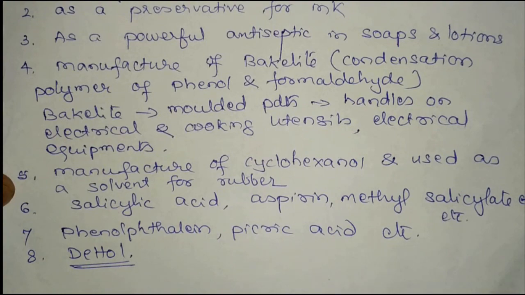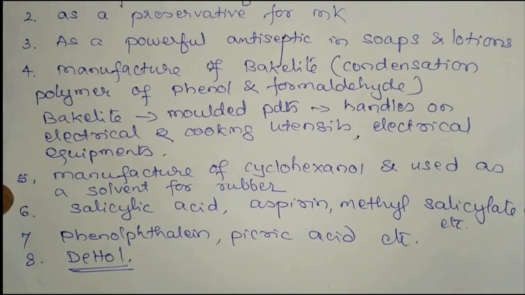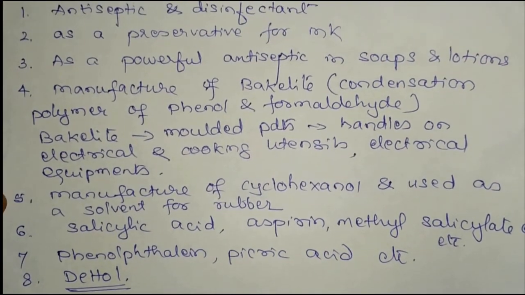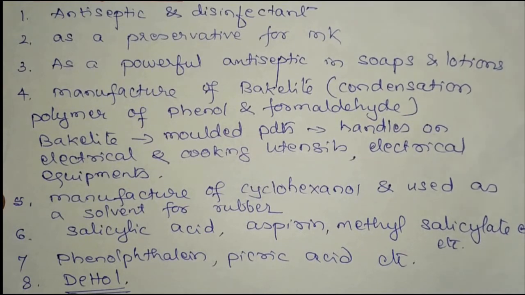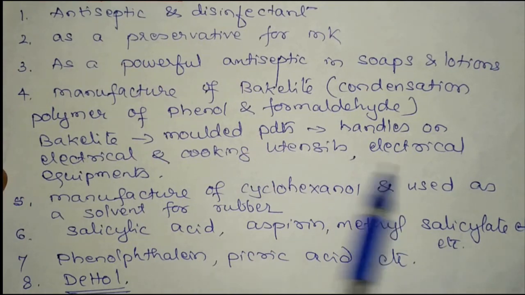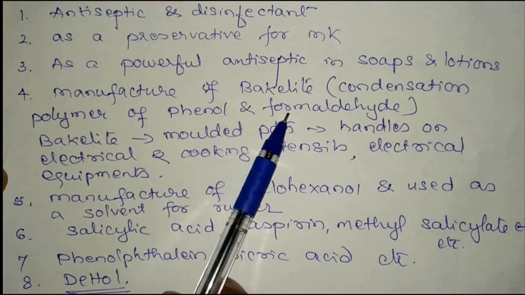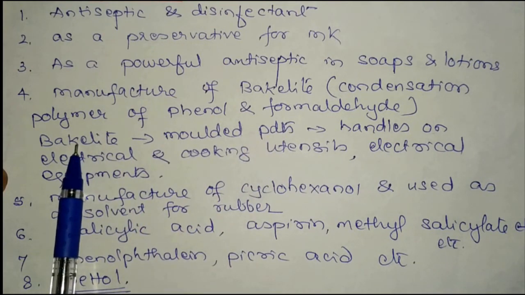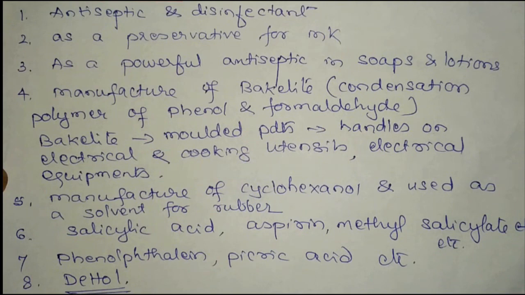These are some of the uses of phenol. First, it is used as antiseptic or disinfectant, as a preservative for ink, and as a powerful antiseptic in soaps and lotions. In the manufacture of bakelite, which is a condensation polymer of phenol and formaldehyde, and bakelite is used to prepare molded products such as handles on electrical and cooking utensils and electrical equipments also.